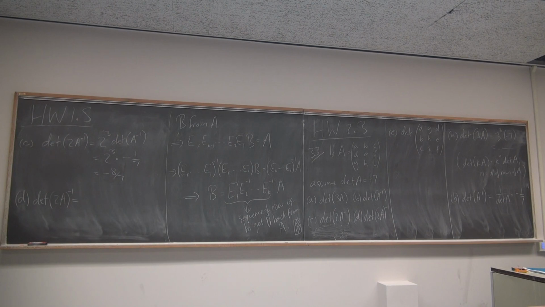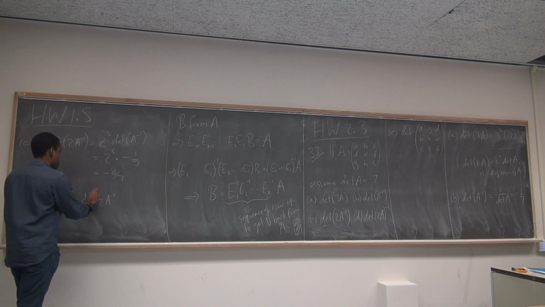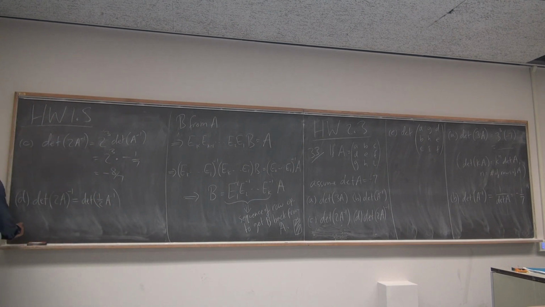-1/56. How'd you get that? 1 over K to the N determinant of A. Well, first you have to apply that rule that this is just the determinant of 1 over 2 times A inverse. Right, because there's a theorem that says if you take KA and invert that, it's 1 over K A inverse.